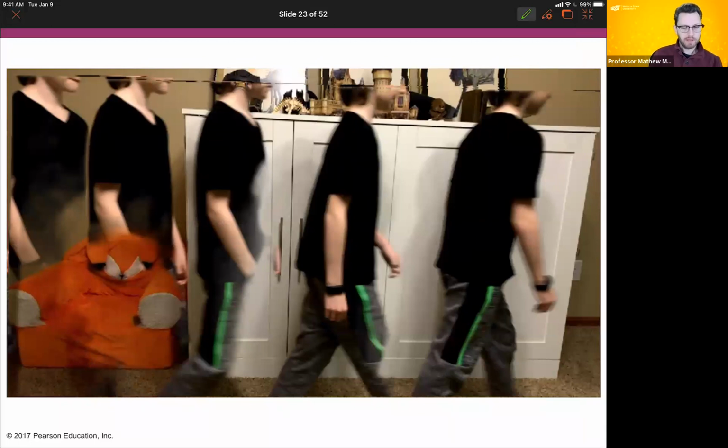Okay, let's look at this image. What's happening in this image? Is he A, slowing down, or B, speeding up in this image? Let me relaunch the poll. Is he speeding up or slowing down in this picture?